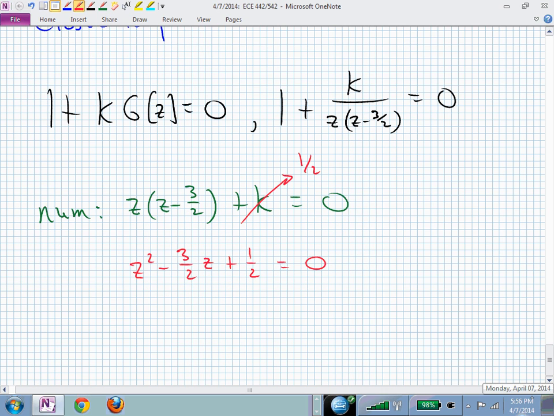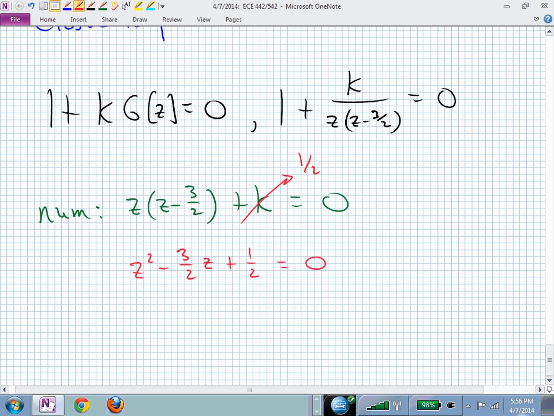That's the equation that we now have. But even without plugging that into the quadratic formula, we already know one of those roots, don't we? How did we pick k? We wanted to get right to z equal 1. So we know z equal 1 has to be one of those roots.